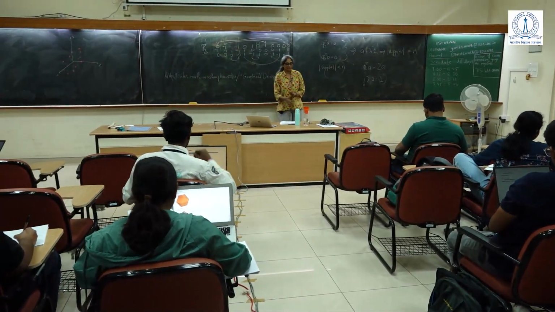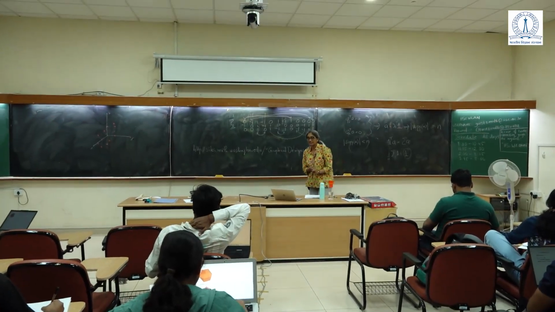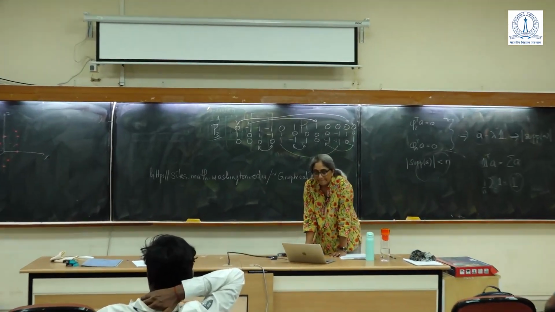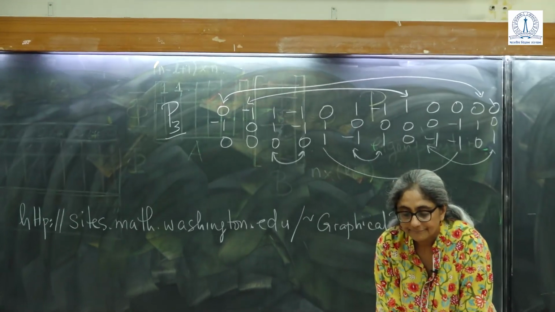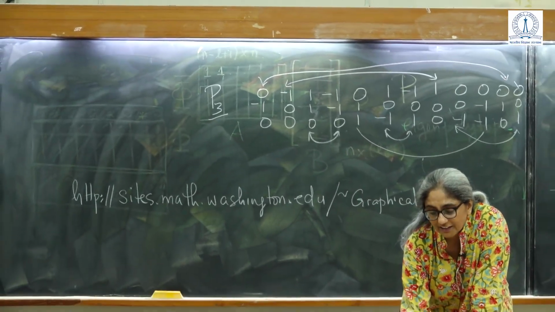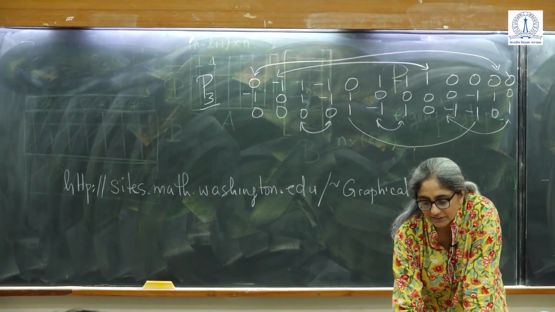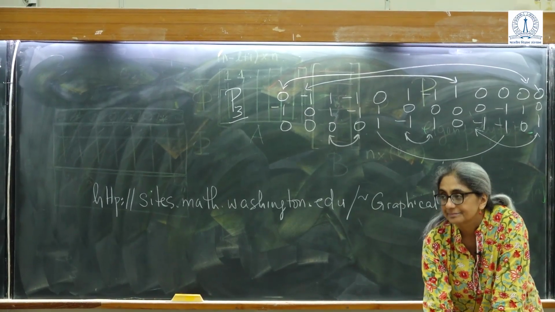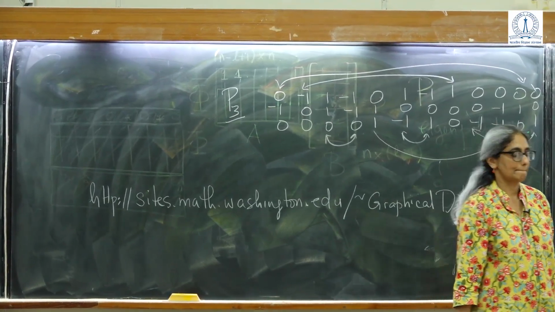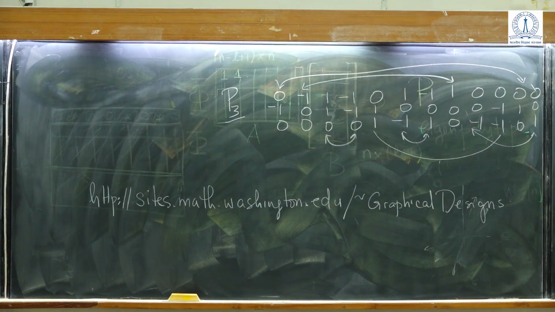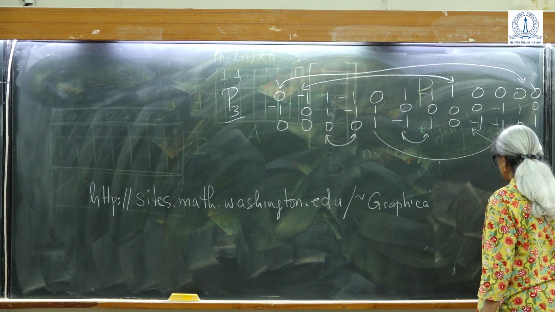You can see lots of pictures if you go to this site. You can click on each one and it tells you about the graph and the design and everything. So it's all one word, graphical designs, stuck together.